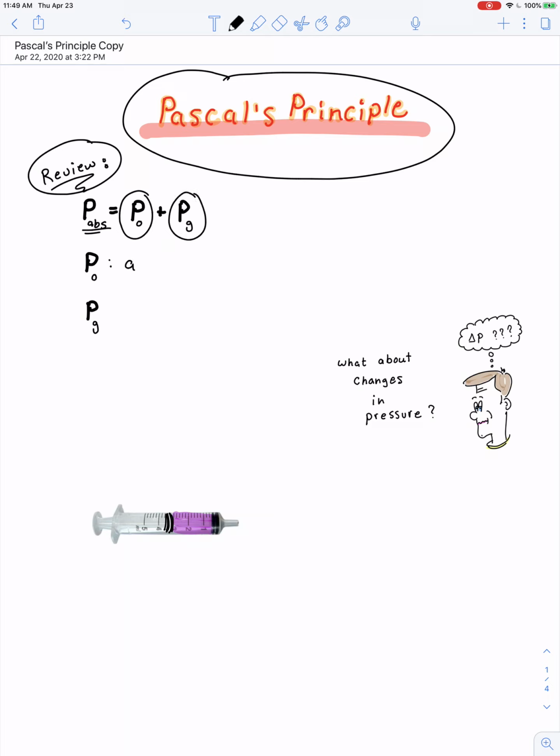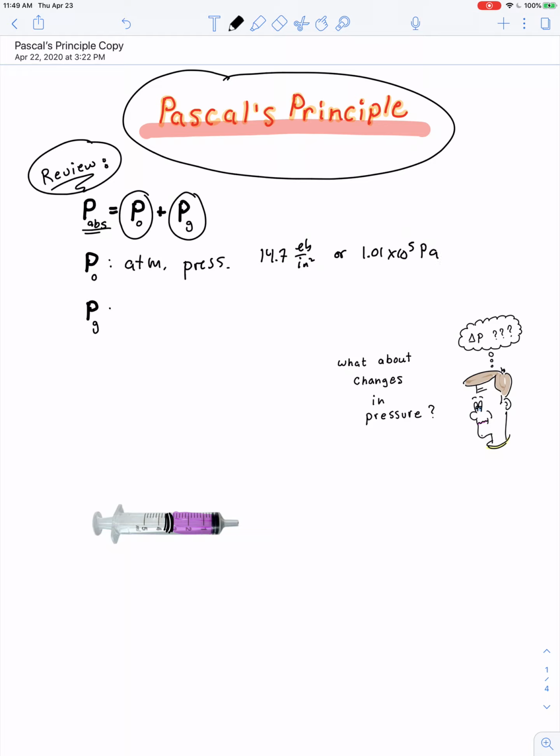So this symbol P0 stands for atmospheric pressure, and it's equivalent to either 14.7 pounds per square inch at the surface of the Earth, or 1.01 times 10 to the 5th pascals.